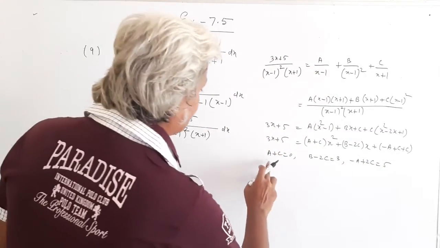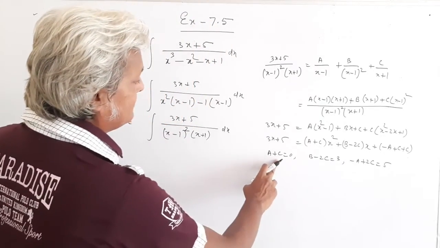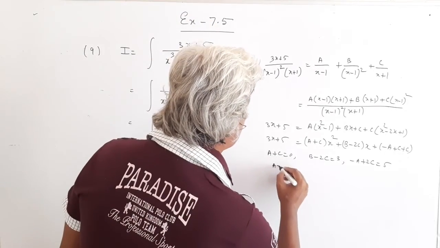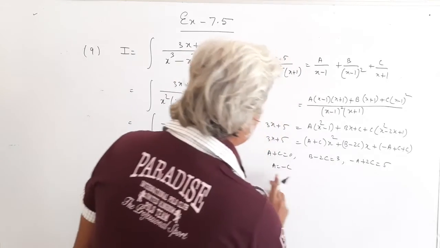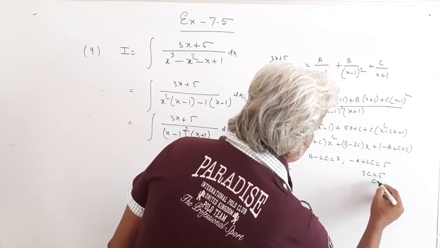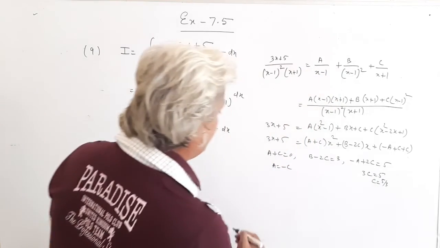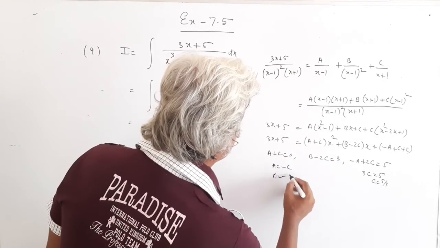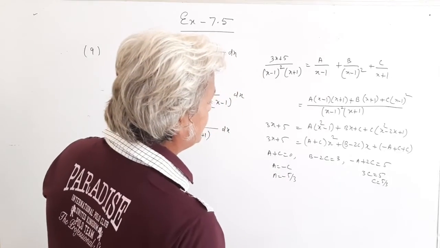Now if I solve, then I get a equal to minus c. So if a is minus c, then minus a is c. So this becomes 3c is 5, c is 5 over 3, and a is minus 5 over 3.